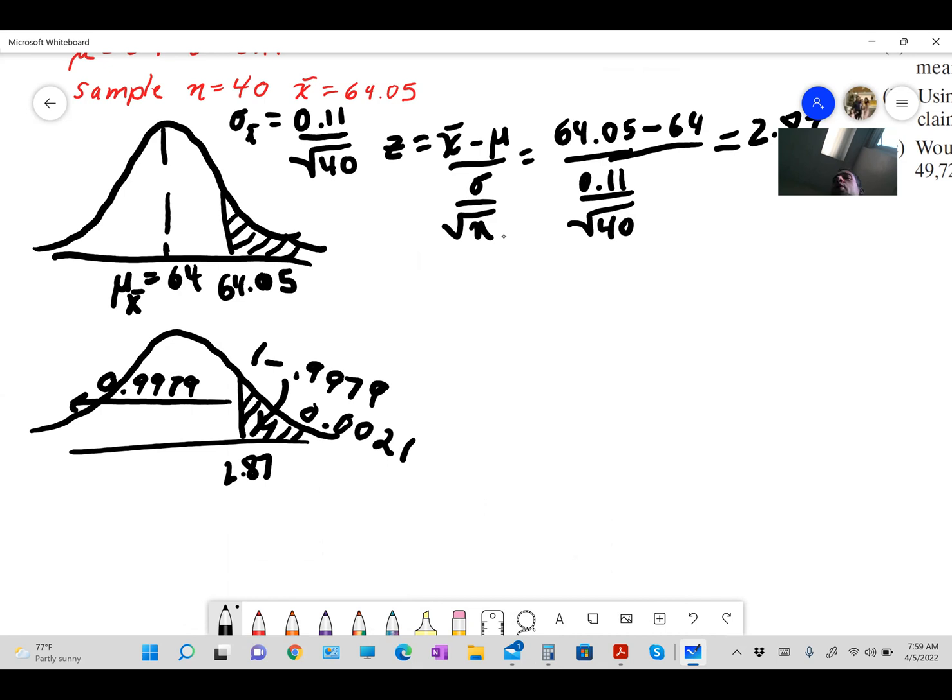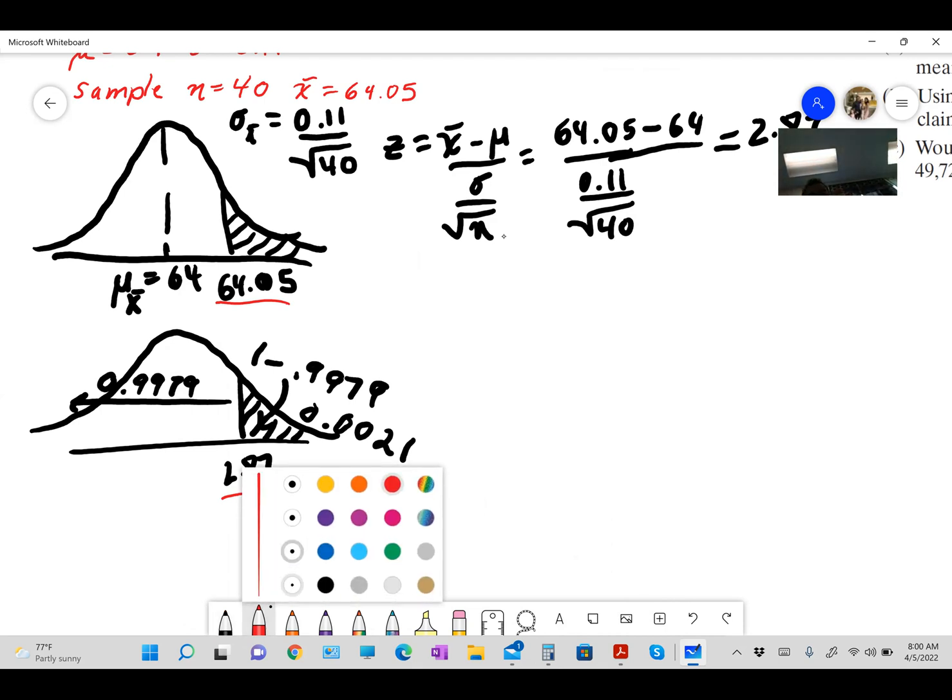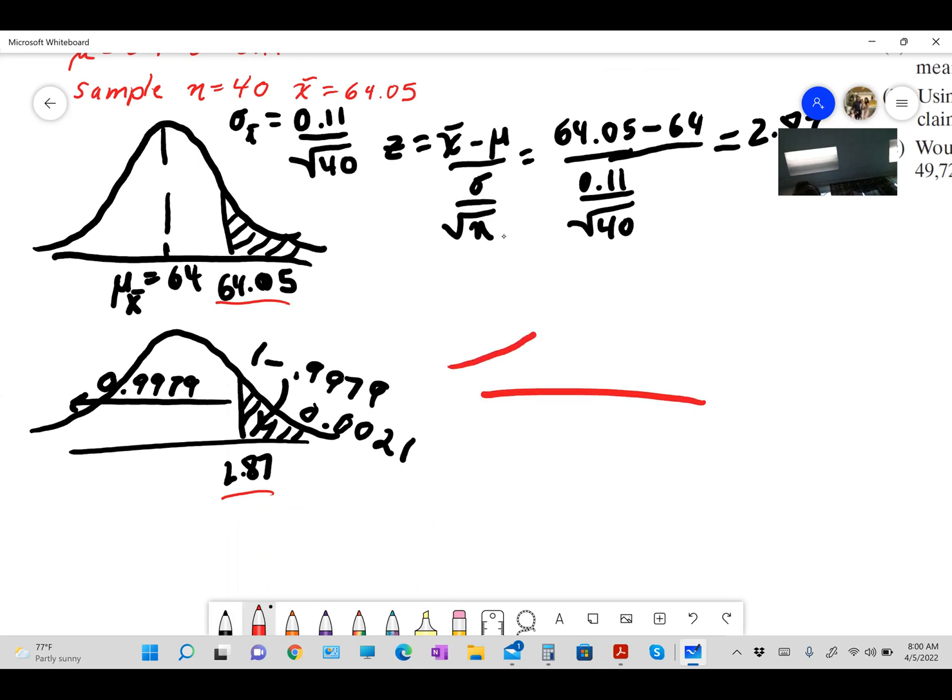Now, what you need to realize is that this measurement, 64.05, is more than 2 standard deviations away from the mean. And we said earlier in the class that if you're somewhere over here, or somewhere over here, we would say it's unusual.